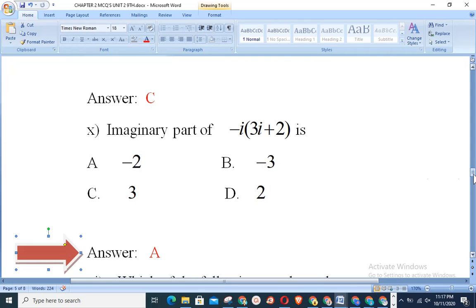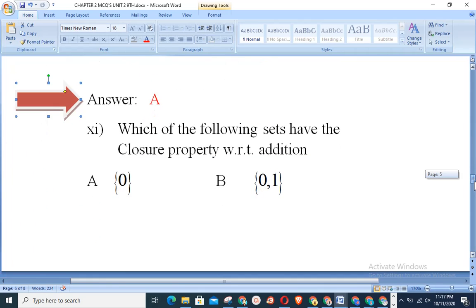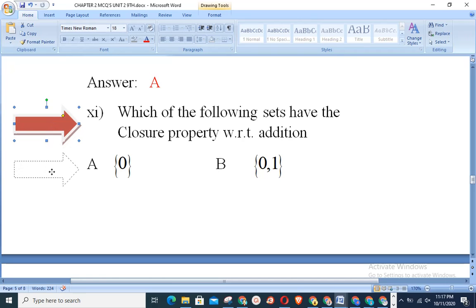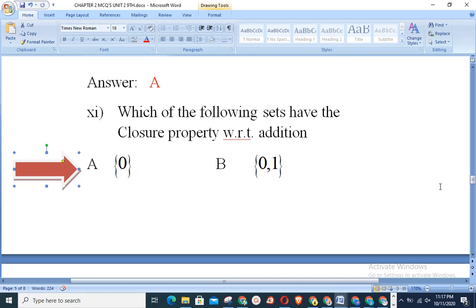We go ahead towards the next objective, that is number 11. Statement says which of the following sets have the closure property with respect to addition. You must know the definition of closure property. It says that for all a, b belonging to real numbers, a plus b also belongs to real numbers. If you take option A, there is only one element given, 0 plus 0 will result in 0.